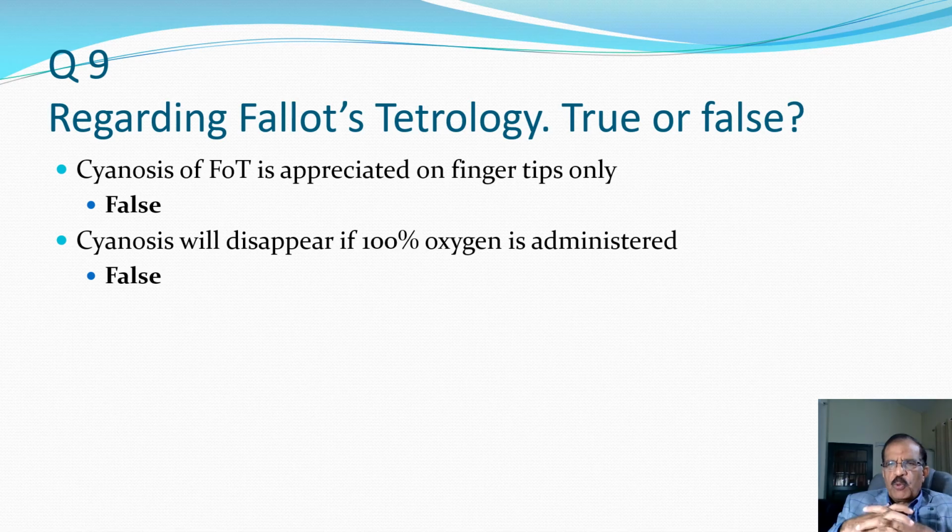At least the major portion never goes to the lung, and the certain percentage which is going to the lung is getting oxygenated because lungs are okay. So giving 100% oxygen or supplemental oxygen will not improve cyanosis in Fallot's tetralogy. If there is a possibility of pulmonary disease, then of course giving oxygen will improve hypoxia and cyanosis. But if there is congenital right to left shunt, there is no improvement by oxygen supplementation. So the answer is false.